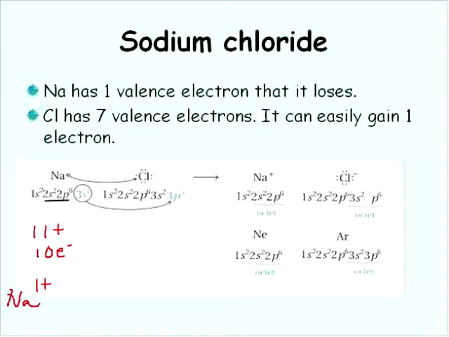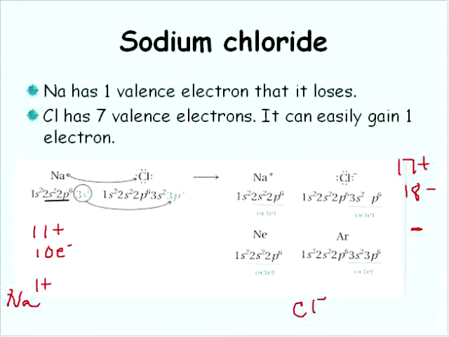Whereas chlorine will gain an electron. This is chlorine. Chlorine has 17 protons, 17 electrons. If it picks up another electron, it will have 17 pluses and 18 minuses. It has an extra electron, and so it's going to have a -1 charge. So that's why the chlorine has a negative.